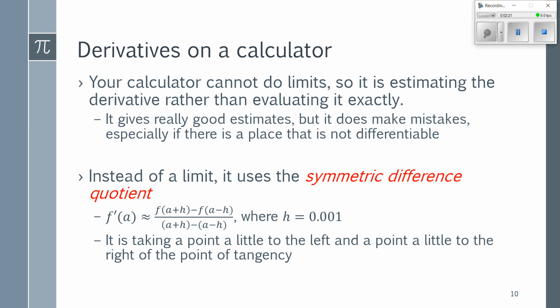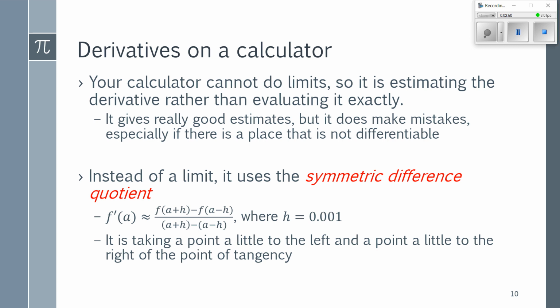Now the TI-Nspire, if you're using that, the software updates have gotten better and better, and they've updated the system to say, hey, if there's a discontinuity, give a warning that the derivative may not exist, or, hey, we think there's a corner here. They're not always right, though. So you have to know more than the calculator for this. You have to know that if there's a corner, a cusp, a vertical tangent, or a discontinuity, the derivative shouldn't exist there.